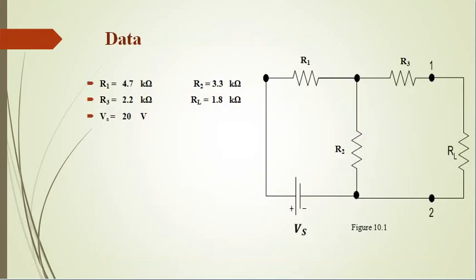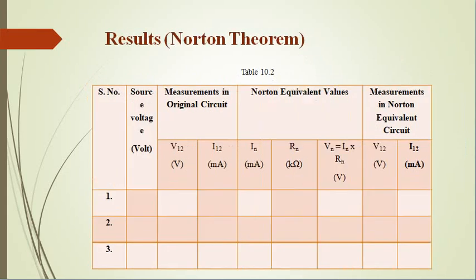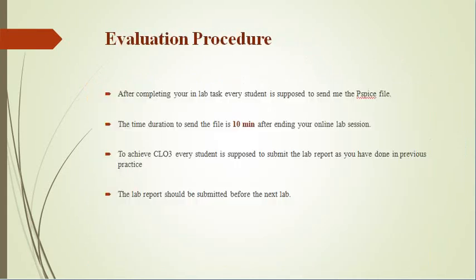Here is the data available for the circuit parameters R1, R2, R3, the load resistance and the source voltage. So considering these circuit parameters and values in your circuit, calculate the result and then simulate it and compare both your results. The evaluation criteria is the same as we have already done in the previous labs.